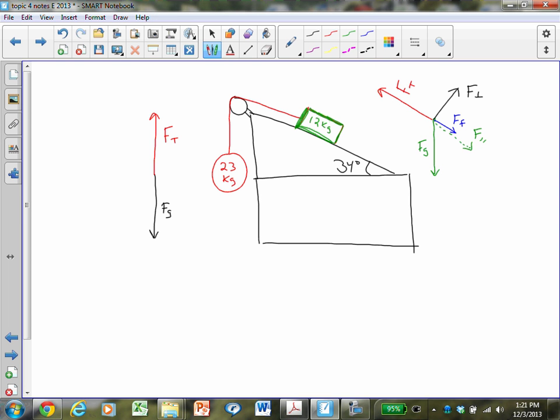So it says, what is the weight of the block on the ramp? Well, that's this Fg over here, and that would just be m times g. Sorry, my fault.